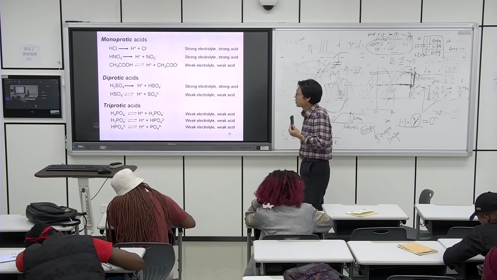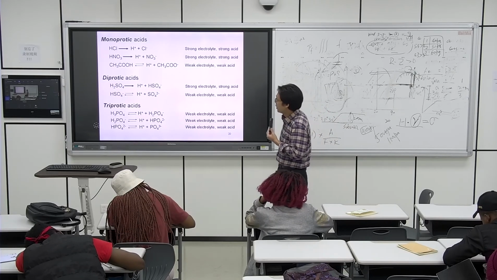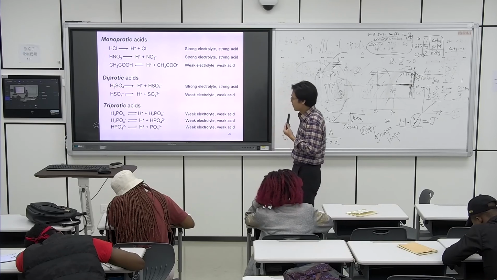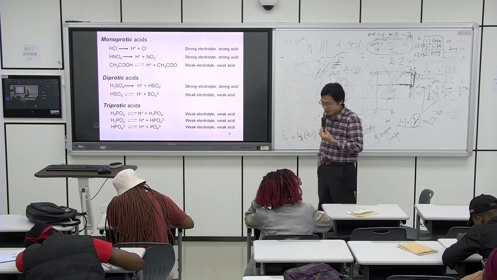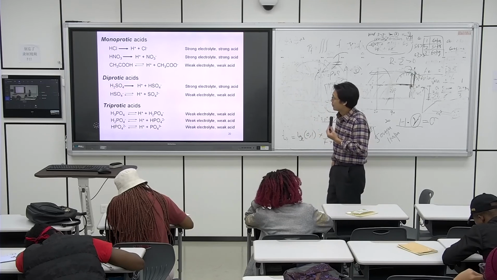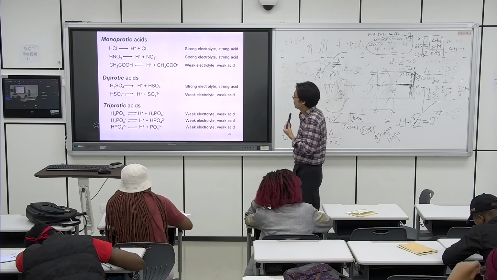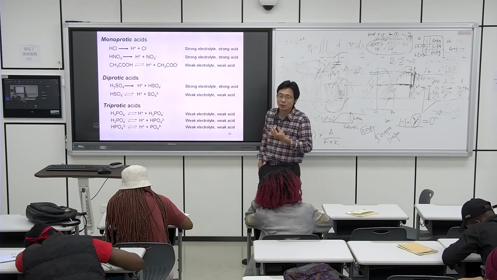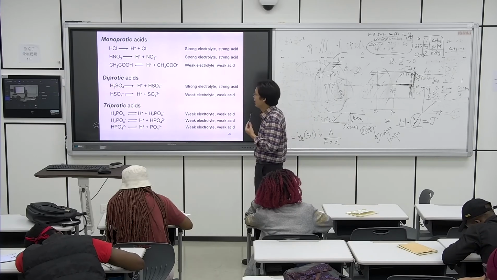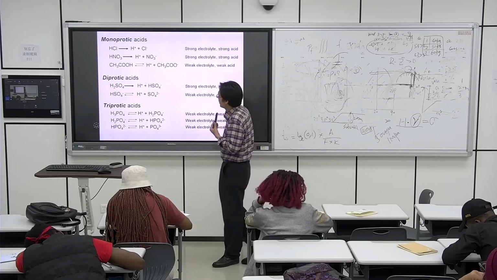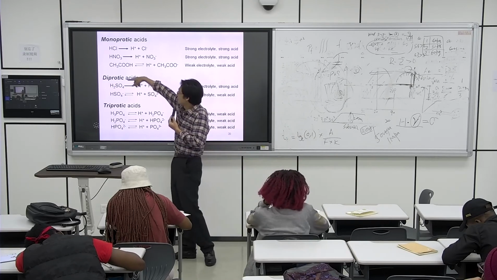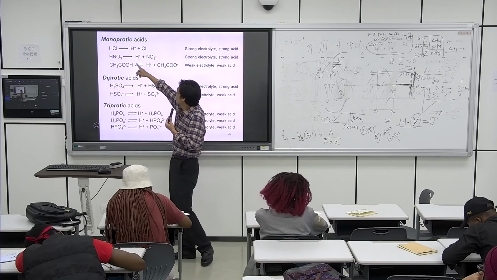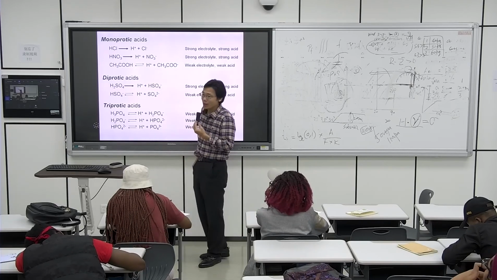Okay, here is called monoprotic acids, diprotic acids, triprotic acids. If it only releases one proton, it's called monoprotic acid. For example, for this compound, that only releases one proton, right?